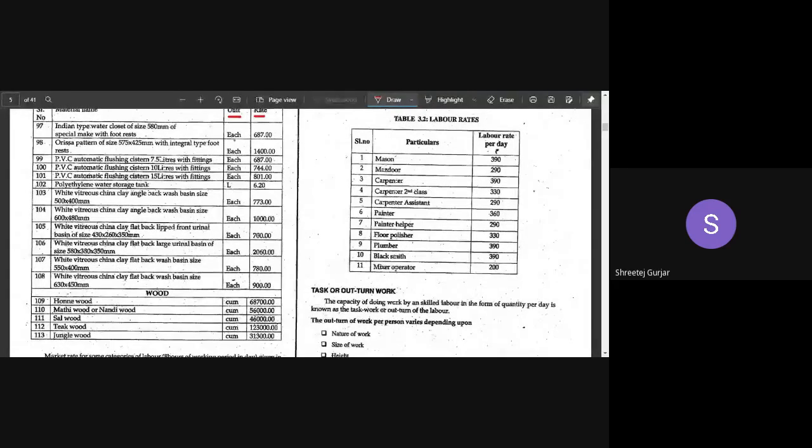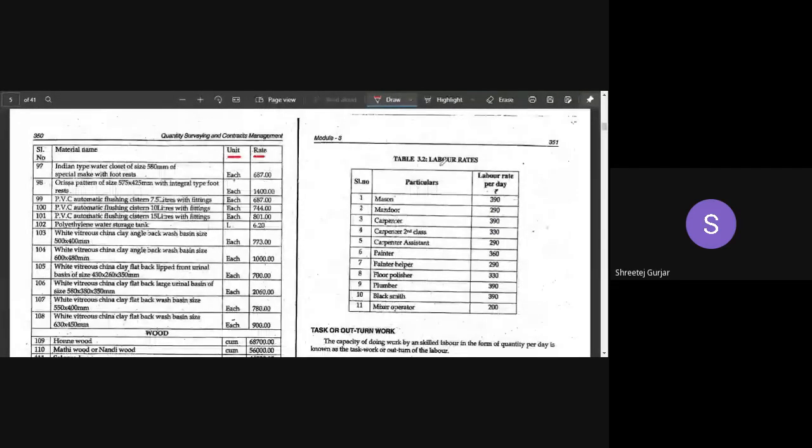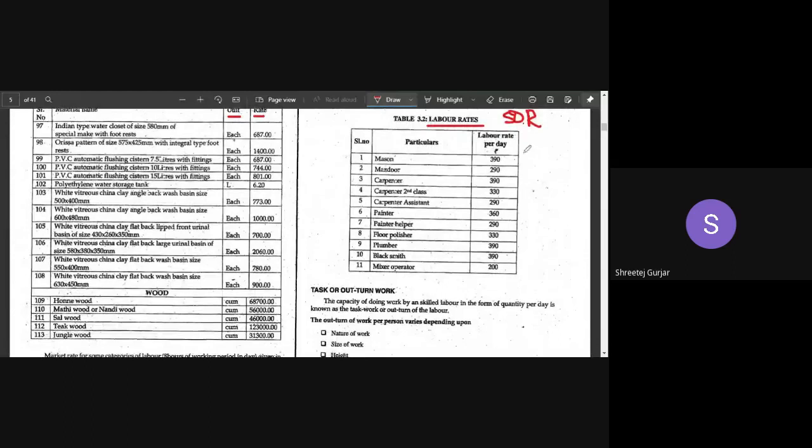Then coming to labor charges. We have seen the labor charges are also provided in the schedule of rates, but for easier reference you can refer to this. Mason is very important over here, mason and mazdoor, and we will be dealing more with these two.